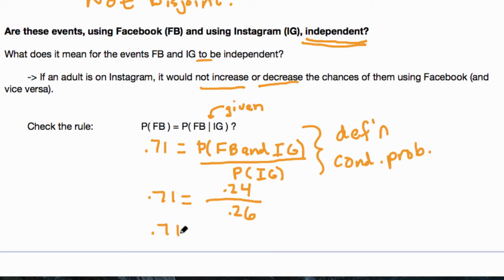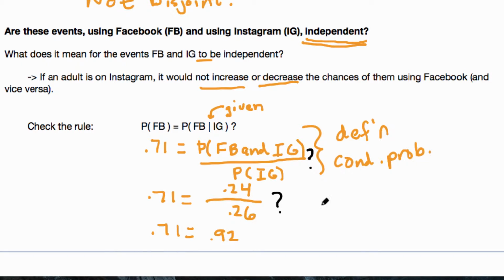Do some math. We want to see if these guys are equal. So actually, let's throw back in my equal sign. Are these equal? Now go to the calculator. 0.24 divided by 0.26, and we get 0.92 about.